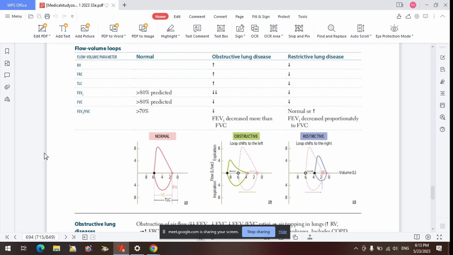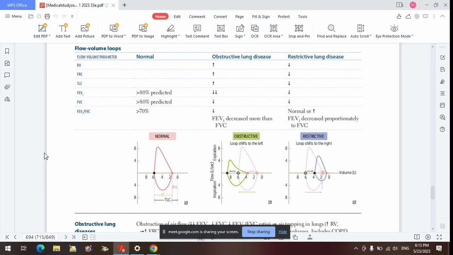The reason why it can be increased is that in people with restrictive lung disease, if you remember the concept of elastic recoil, the elastic recoil is preserved. Elastic recoil is something that brings the lung inwards so that it can bring the air outwards. It is not damaged in restrictive lung disease. They still have it intact, and that helps to accelerate expiration to bring out the air.